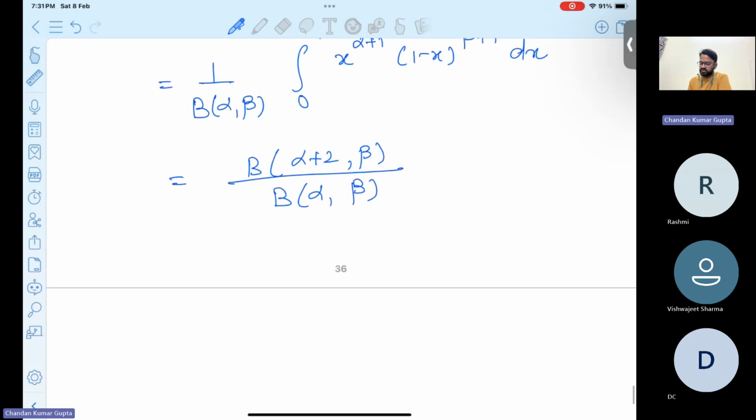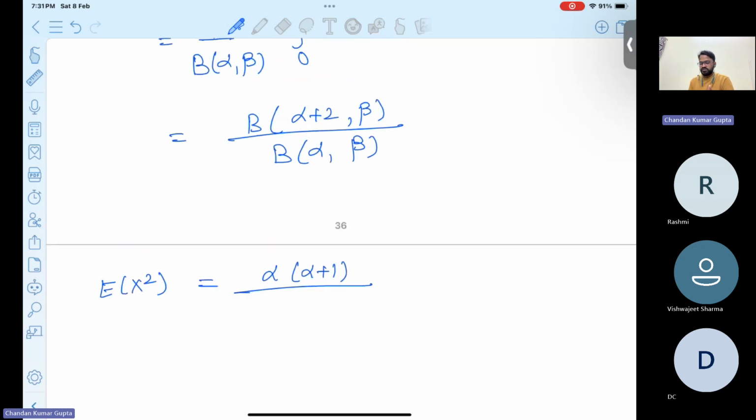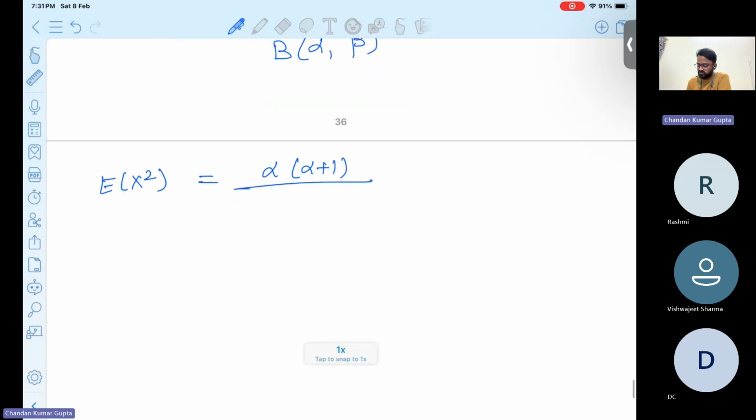And once you simplify this, you will find the expected value of x square as alpha plus 1. I'm writing it directly. You may put the formula again for the numerator and denominator, and then after cancelling it out, the final simplified version comes out to be alpha plus 1 divided by alpha plus beta plus 1 and alpha plus beta.